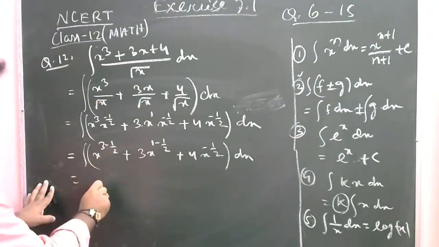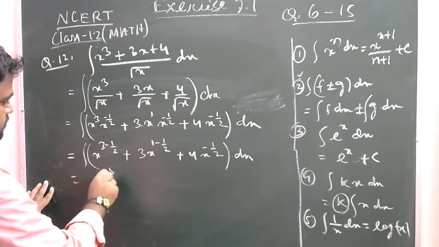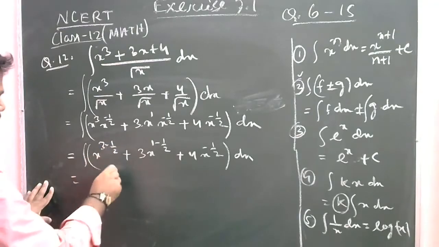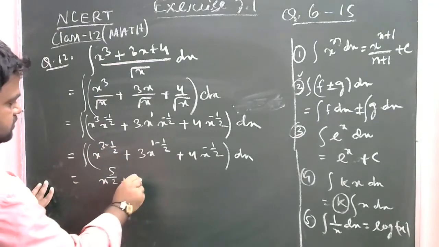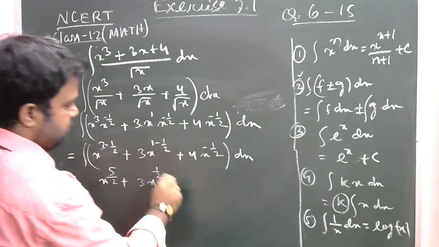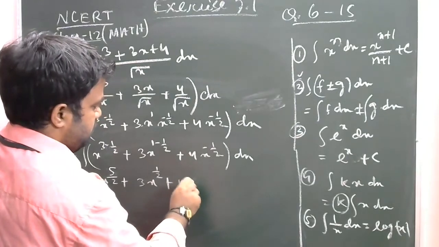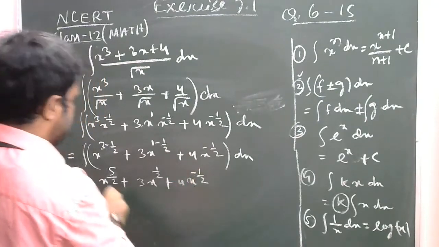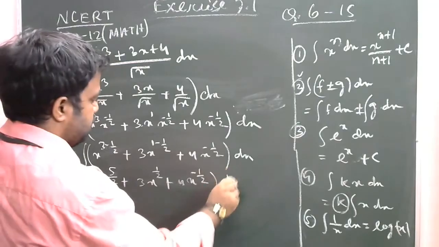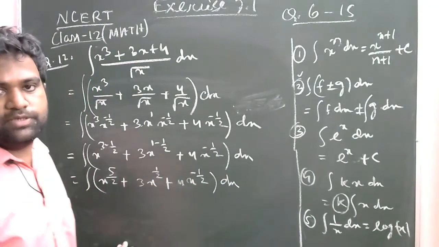So 3 minus half is 5 by 2, so x to the power 5 by 2, plus 3 x to the power half, plus 4 x to the power minus half, dx. Now I can do it. All the terms are now simple.